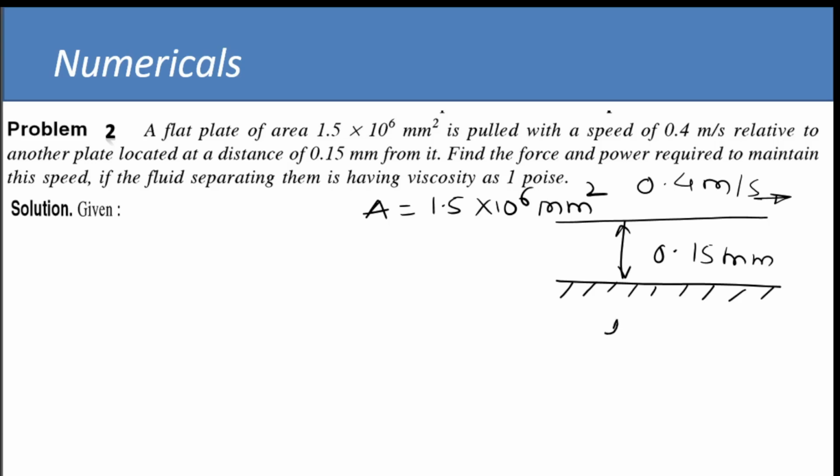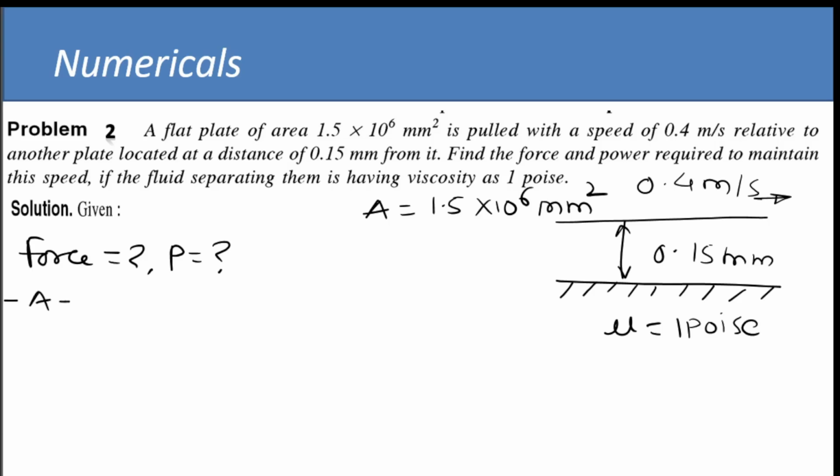If the viscosity mu is equal to 1 poise, what we need to find out? The force is equal to what? And the power is equal to what? Now, if we look at the numerical closely, first we'll convert the units.